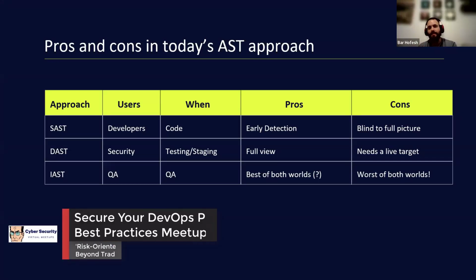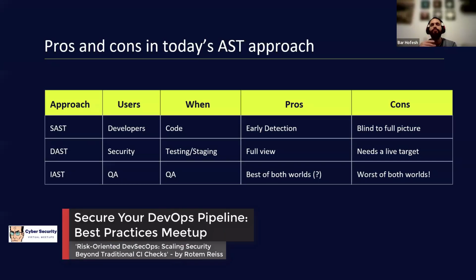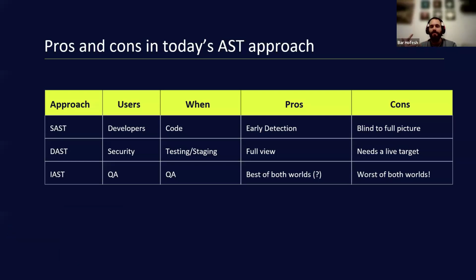We have DAST, which is an automated web scanner. So basically it scans the running application and gets results, and which requests, payloads, etc. we found. And IAST. IAST is interactive application security testing, and it's supposed to be a combination of those 2 concepts, but we're going to talk about it in a second.